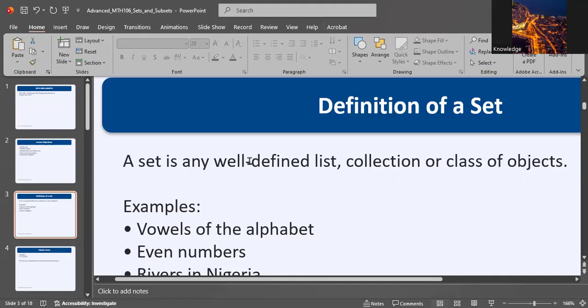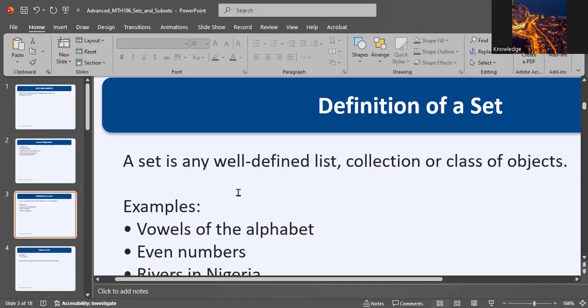So a set must be well defined so that when anybody wants to list the members of that set, they will be able to do it easily because it has a definition. A set of kitchen utensils, a set of house equipment, a set of office equipment, a set of office chairs, a set of dining equipment, a set of student materials or anything.